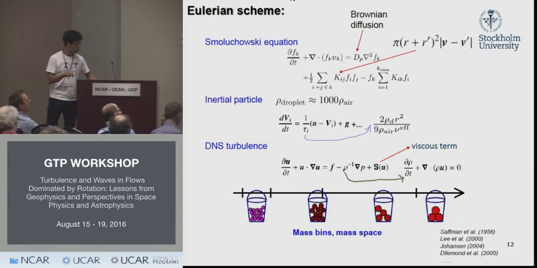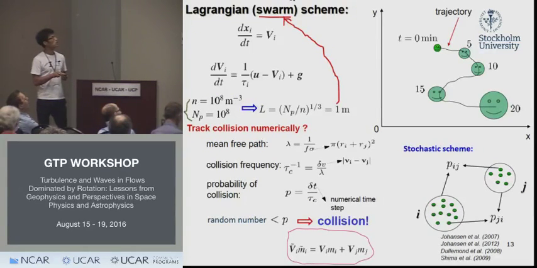And because this is nonlinear, we're not sure if this Euler scheme is good enough to simulate the problem. So we also developed this Lagrangian scheme to compare with the Euler scheme, so that we can become more confident of our simulation results.